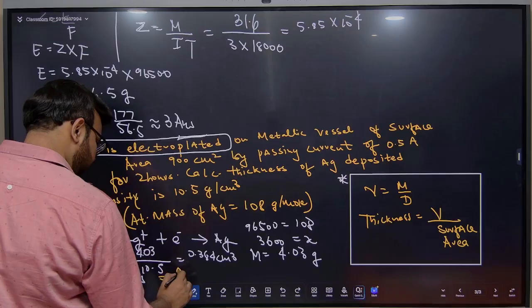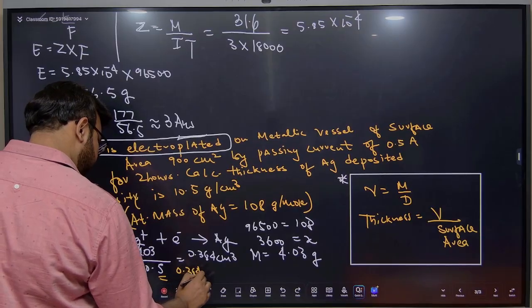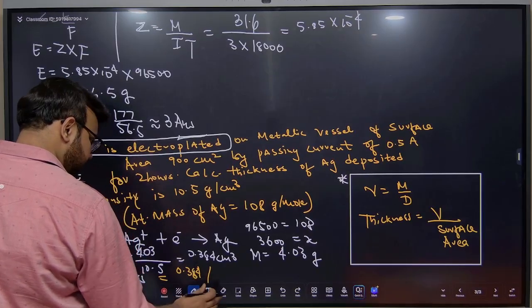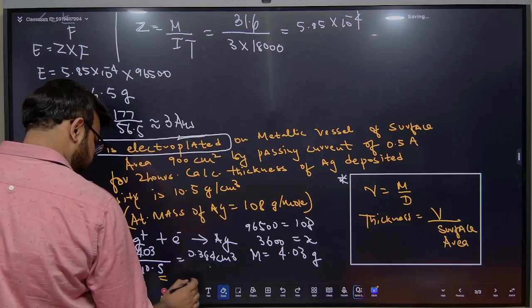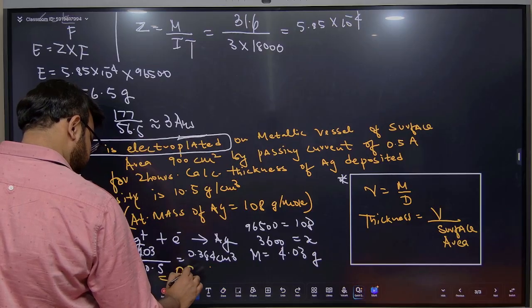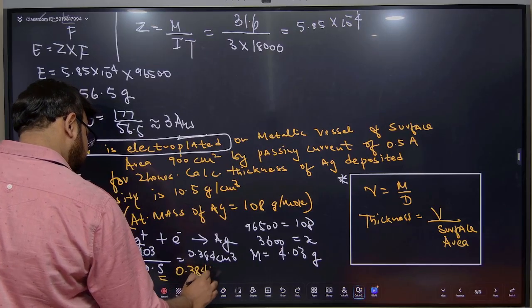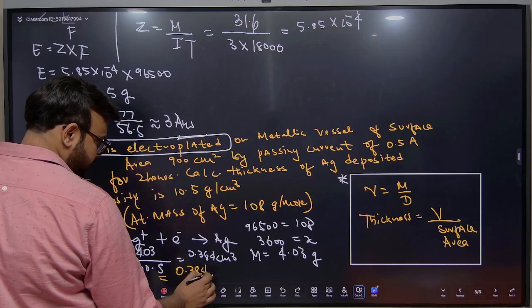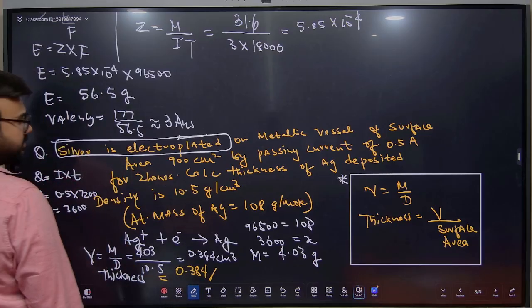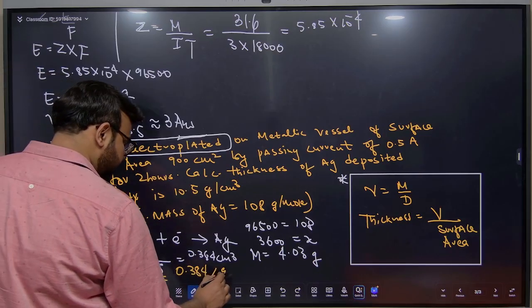So volume is 0.384 divided by, so what's the surface area? Surface area given is how much? 900.